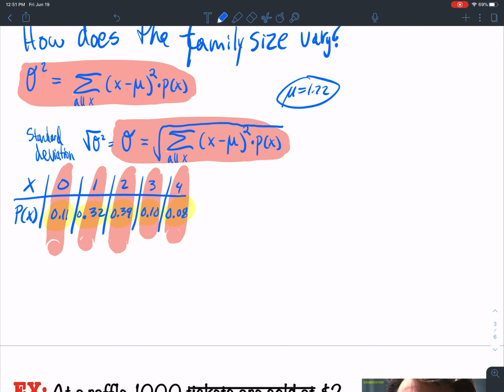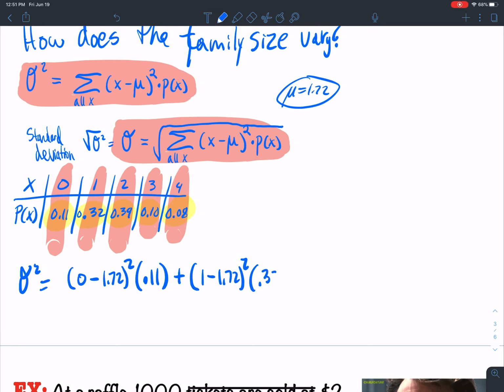So the variance is equal to the sum of the first x value, 0, minus the mean 1.72 squared multiplied by the probability, plus the x value 1 minus 1.72 squared, times the corresponding probability, 0.32. Plus the next value, 2 minus 1.72 squared, times the probability 0.39.